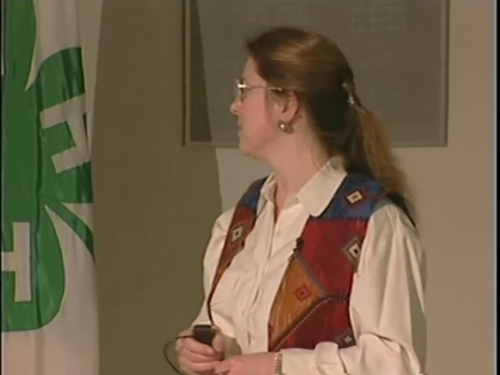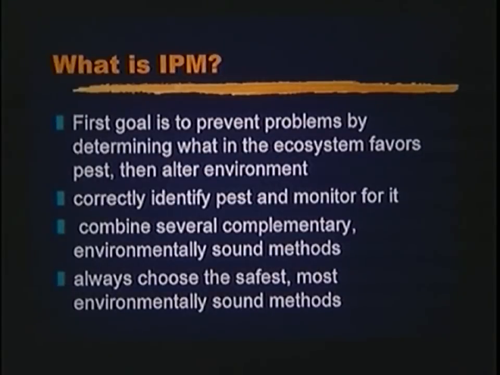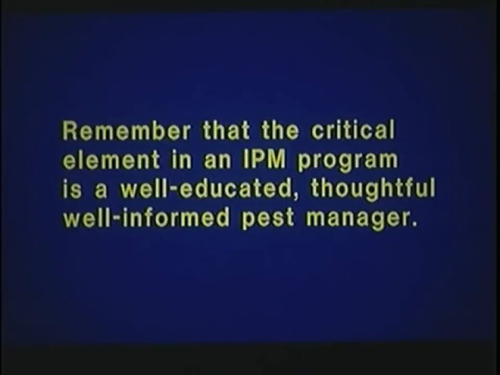These are preventative methods. Biological control, or using one organism to feed on another, is another type of method. Mechanical control can include squashing or screens or all kinds of cultivation. So you integrate a number of different methods to get a good management program. And we always choose the safest, most environmentally sound method. And so that's the environmental payoff for integrated pest management.